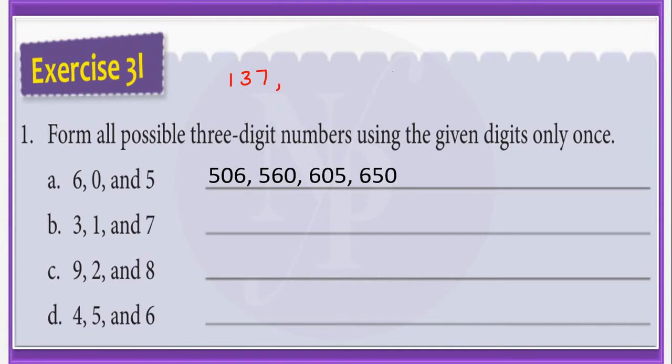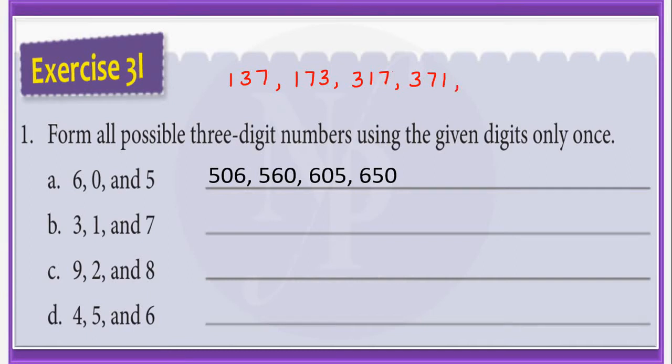Now I will keep 1 in hundreds place. I will interchange the digits at ones and tens place. I will get 173. So now I will keep 3 in hundreds place and I will write 317 to get another number. Keeping 3 in hundreds place, I will write 371. 371 is another number.